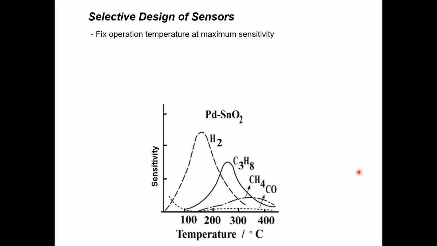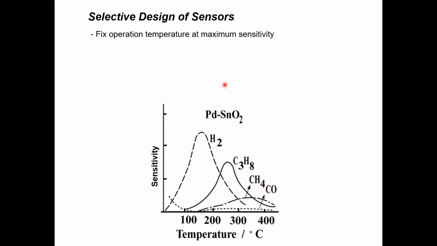Let's talk about selectivity of the sensors, which is an important concept. The selectivity can be obtained by fixing the operation temperature at the maximum sensitivity temperature. So for example, this is on a tin dioxide material. You can see hydrogen sensitivity maximizes at around 150 degrees C or so, whereas methane, hydrocarbon, methane, and so on has shifted.